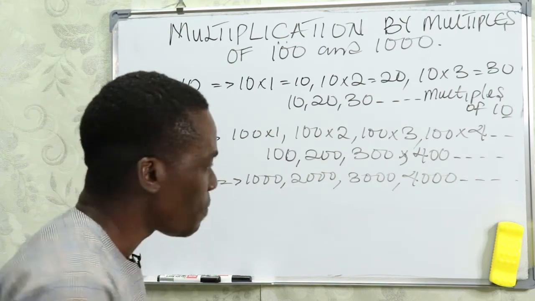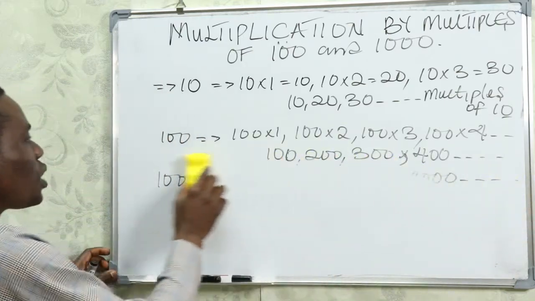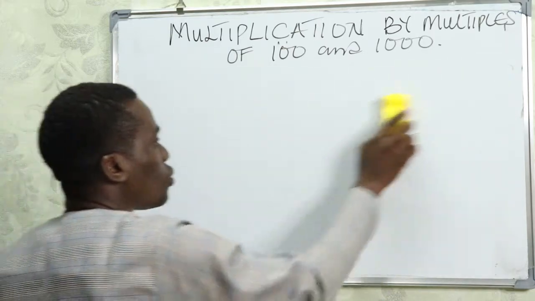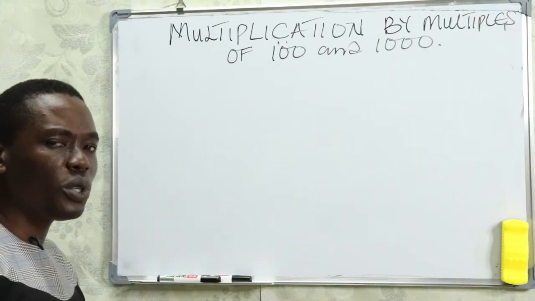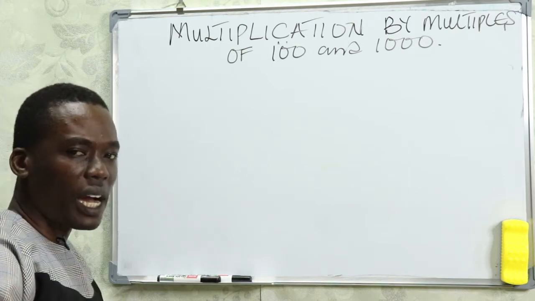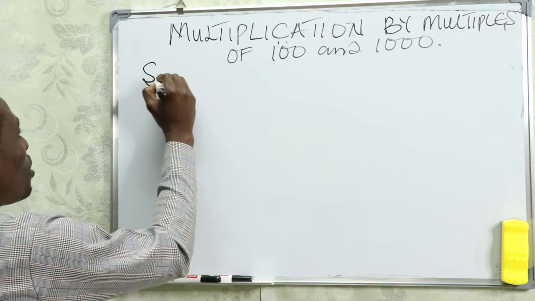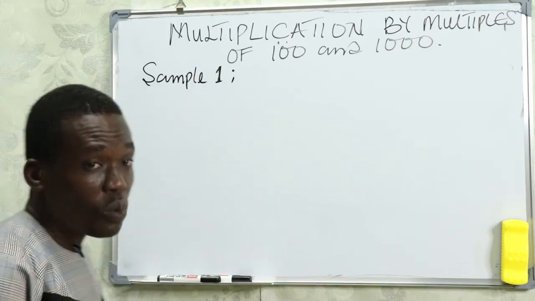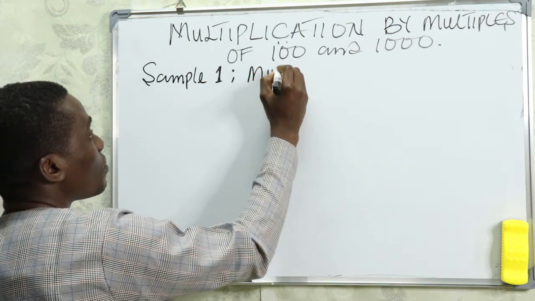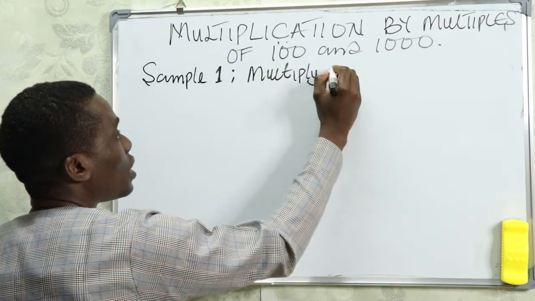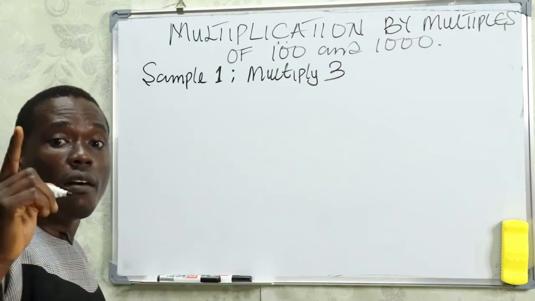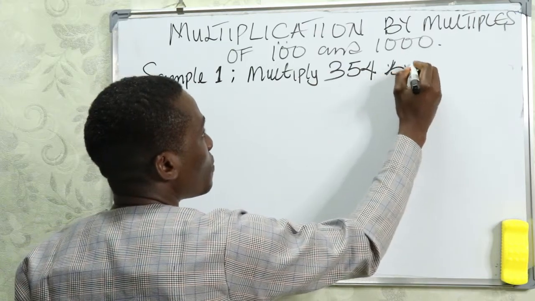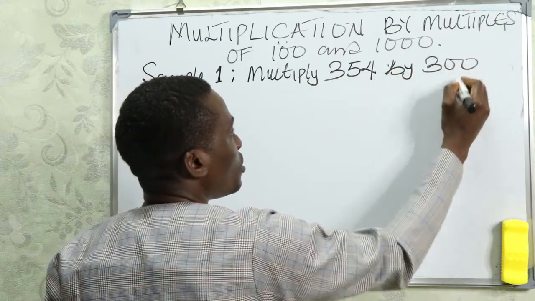Now how do we do that? Now let's look at one good example. We're going to look at sample number 1. Pay attention as we take note of this sample. I'm going to show you when we did the first step I asked you to do. Now in sample number 1, we are asked to multiply 354 by 300.